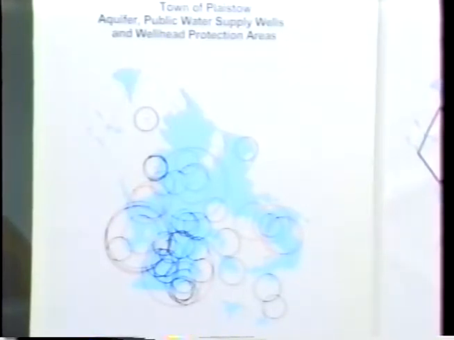It's an area, those circles are representing areas in which you want to be very careful about what types of land use activities occur within those wells. You want to make sure that nothing will happen that might be a potential source of contamination. Obviously, depending upon the community, you may have more or less development occurring in that area.